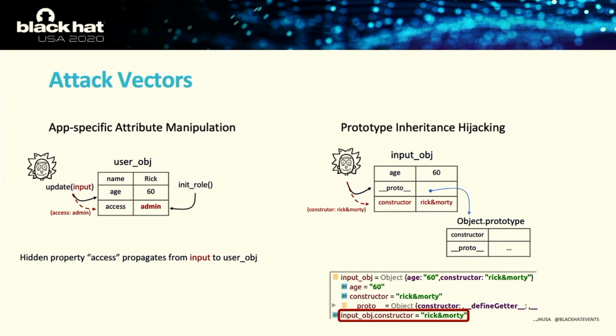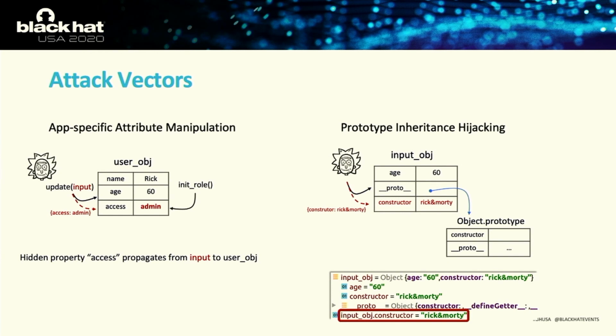As demonstrated by the red circle here, the value of the constructor will become the string Rick and Morty rather than a normal JavaScript prototype function. So the second attack vector is very useful because we found many JavaScript developers tend to trust the properties inherited from prototypes, and they also make many security-sensitive decisions based on them.